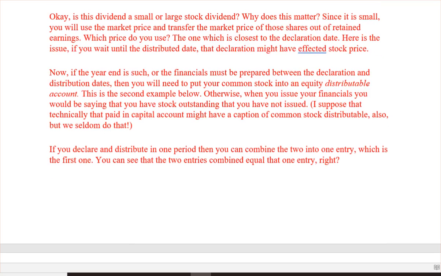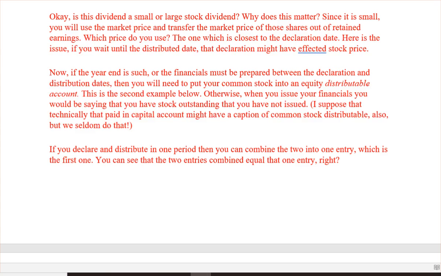Now, if at the year end, your financials have to be prepared between this declaration and the distribution date, then you are going to put the common stock that will be distributed in this initial journal entry on the declaration date in a distributable account. And then you're going to remove the distributable account and show it as common stock.